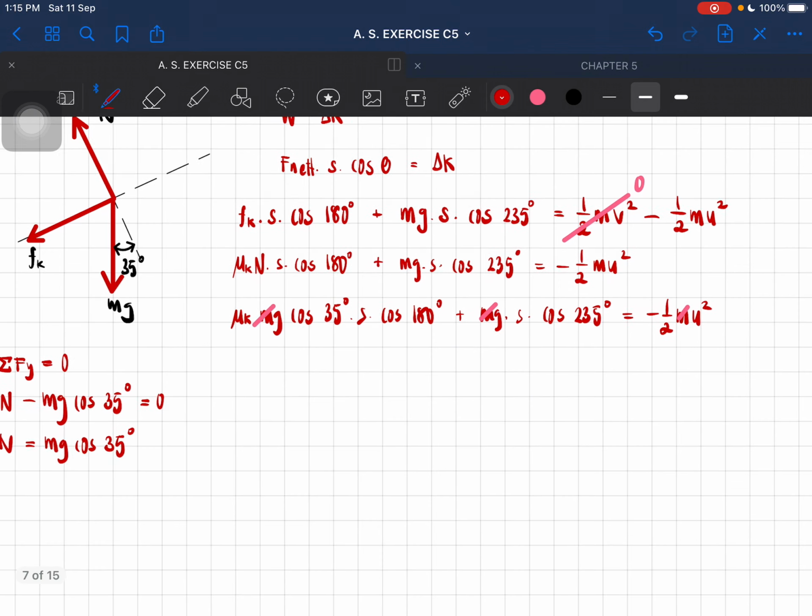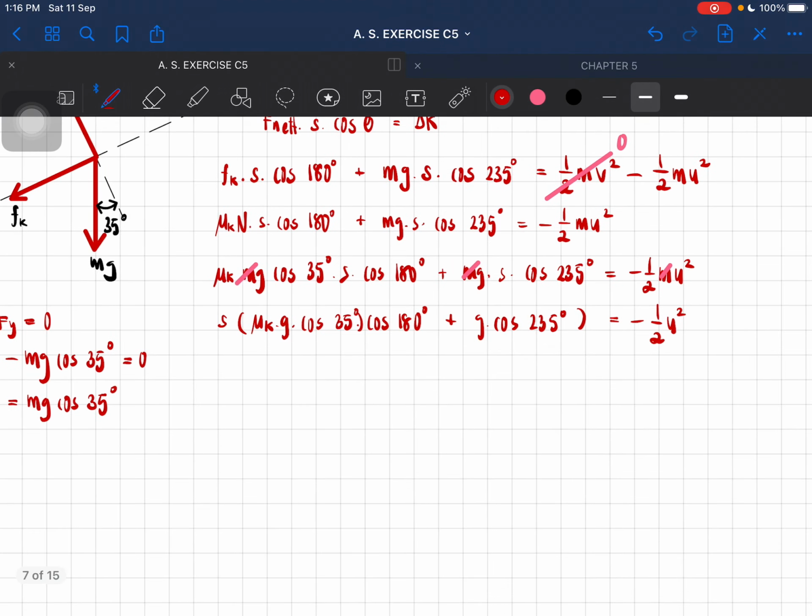What else? So after you rearrange this, you can actually get the value of s. So it is mu k g cos 35 degree cos 180 degree plus g cos 235 degree, over negative half u square.